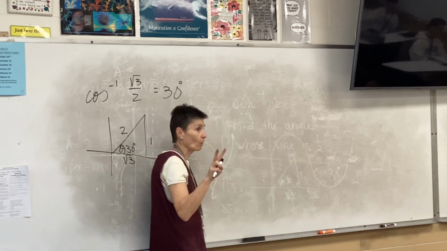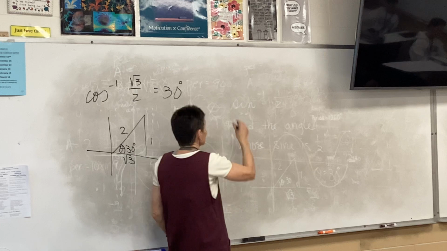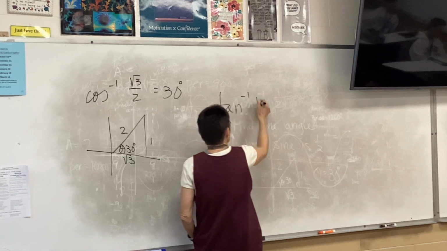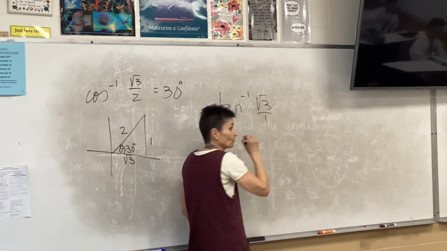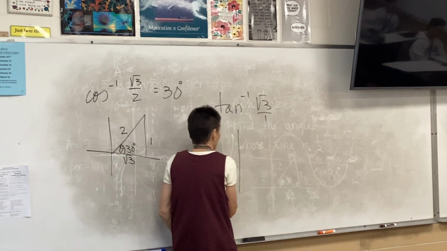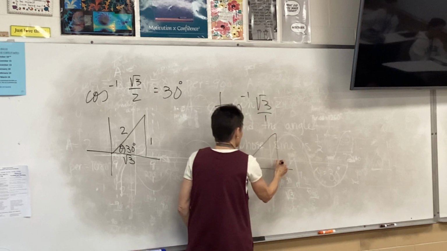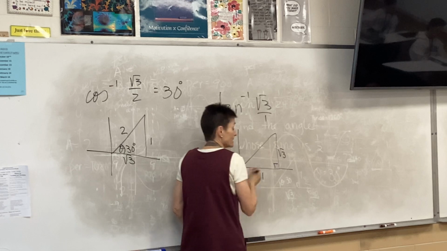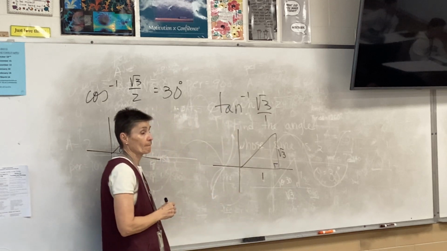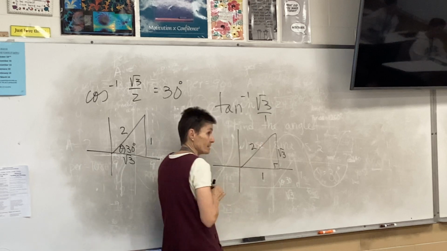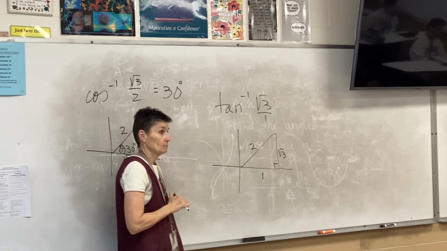Alright, we're gonna do two more, and then I'll stop, okay? So, the angle whose tangent is root 3. Now remember, that's root 3 over 1. And that means opposite is root 3 and adjacent is 1. Which, if you want to, means the hypotenuse is 2.